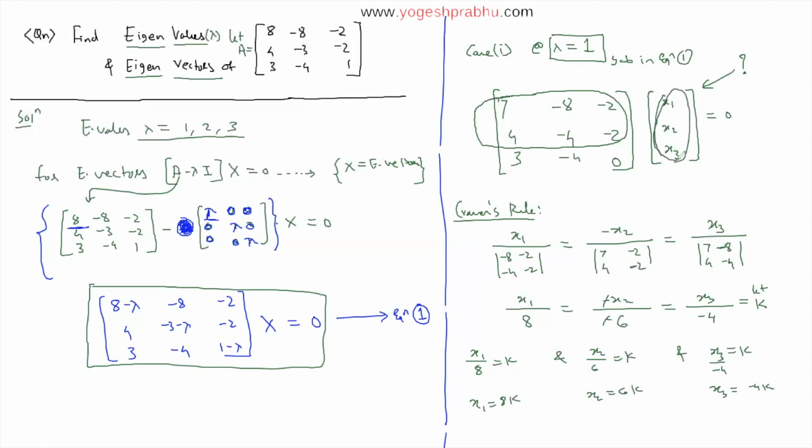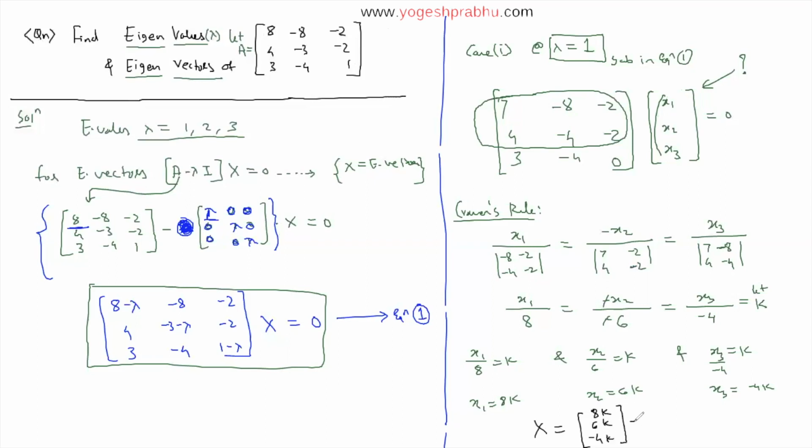I can simply substitute them back here, and this was our capital X, and capital X is the eigenvector, so we found the eigenvector. Let me write down the eigenvector finally. The eigenvector capital X is equal to x1 is 8k, x2 is 6k, and x3 is minus 4k.